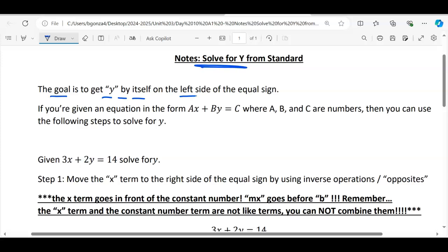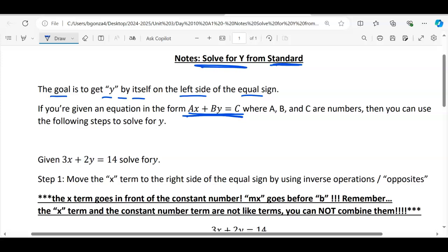On the left side of the equal sign. Cool. So if you have something in what's called standard form, this is standard form. If you have x and y on the same left side with some coefficients in front of it, a and b, equal to some constant c, then these are the steps you're going to use, okay?